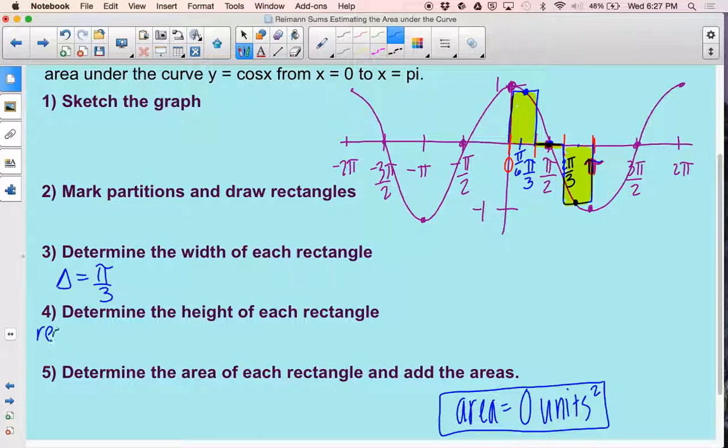So I would say rectangle 1, rectangle 2, rectangle 3. And I would say y equals cosine of pi over 6. And if you remember back to pre-calc, cosine of pi over 6 is square root 3 over 2.